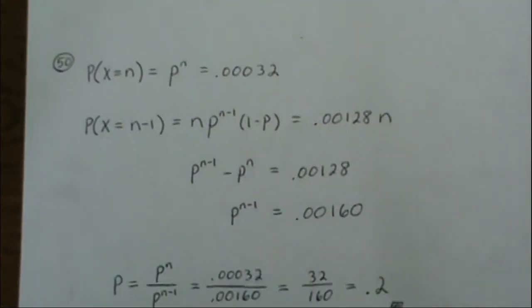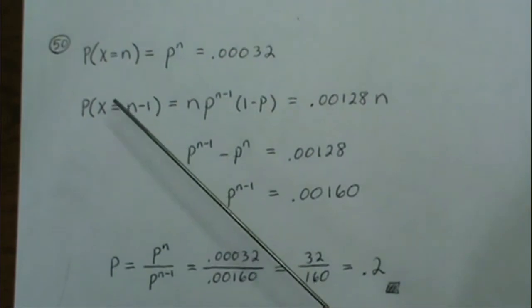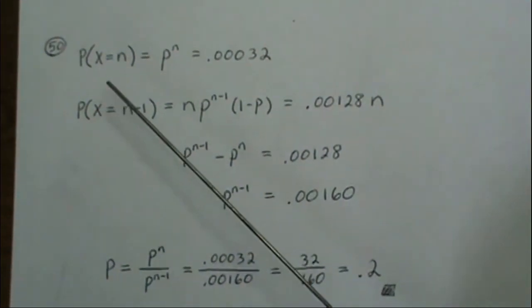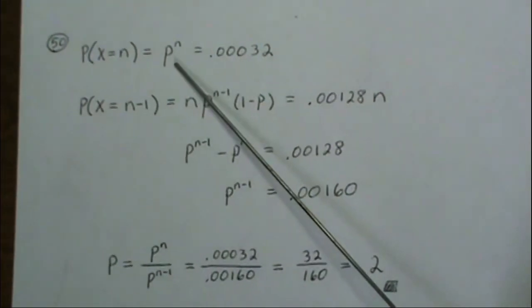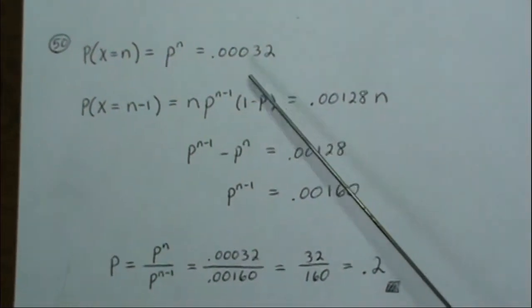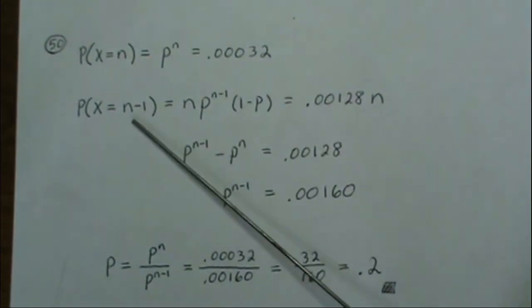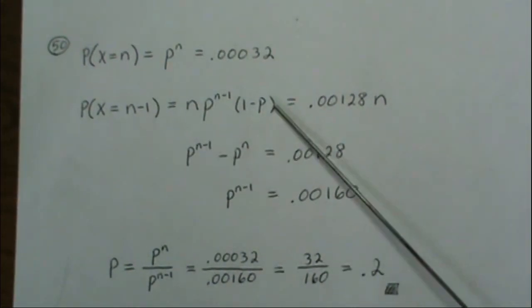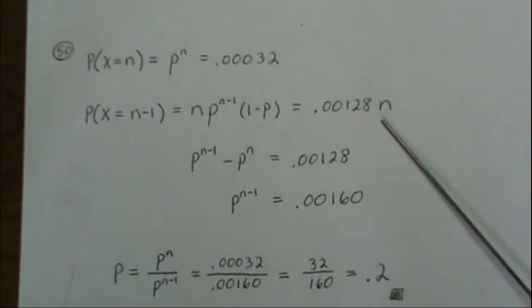Now problem number 50, we're given a binomial, and we're given that the probability that x is equal to n, which is this in the binomial case, is this. And we're also given that the probability of x equal to n minus 1, which the formula is this, is equal to this value, 0.00128 n.